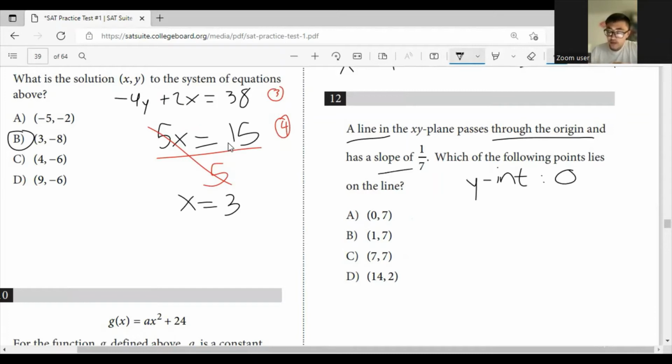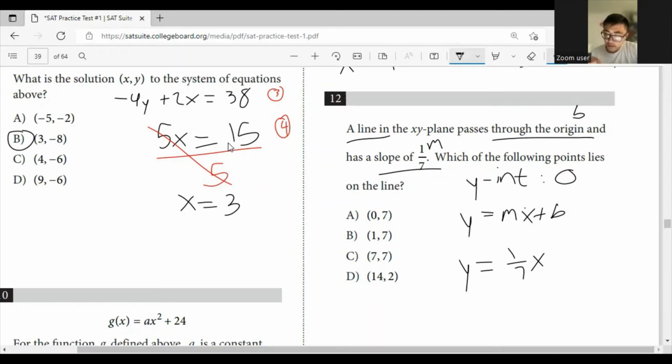And a slope of 1/7. So our equation is, let's use y equals mx plus b. This is our m, this is our b. So now we have y equals 1/7 x plus 0. So y equals 1/7x.